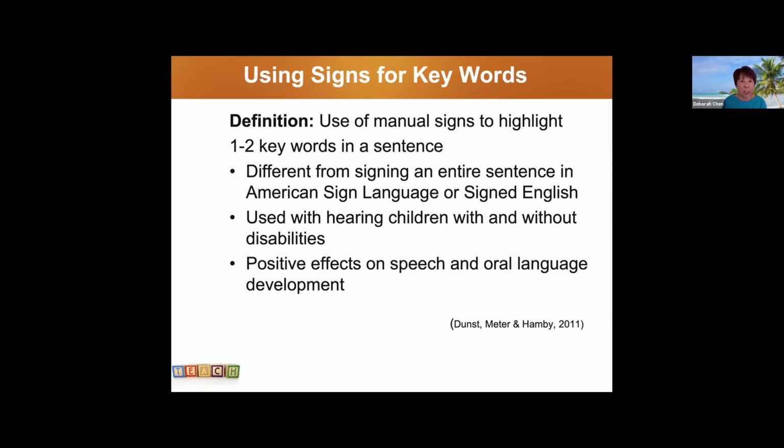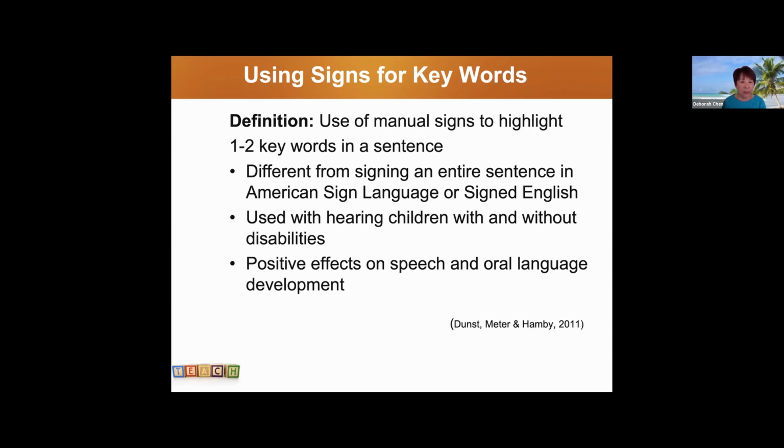Along with that, I wanted to talk about the use of key word signs. So it's just the use of manual signs, American Sign Language vocabulary, to highlight one or two key words in a spoken sentence. So this is different from so-called total communication or signing an entire sentence in American Sign Language or signed English while we speak.